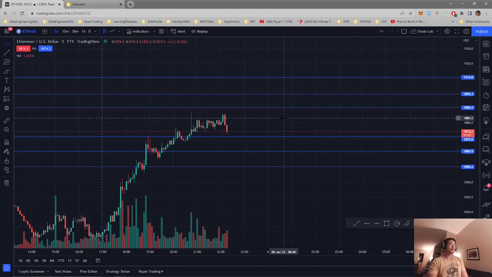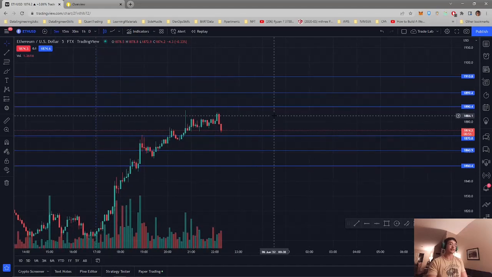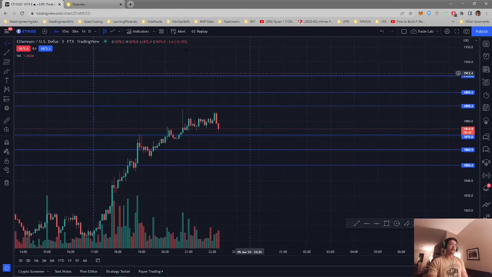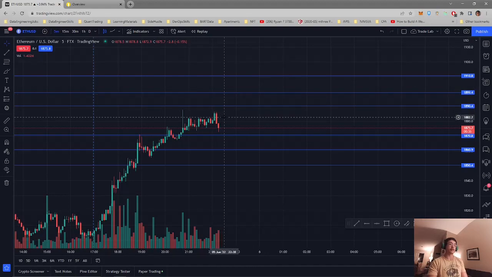Essentially, a grid trading bot will buy and sell a security based on predetermined levels. As you can see here in this chart, we have Ethereum to the US dollar, and we have three grid lines above our current price, and three grid lines below our current price.